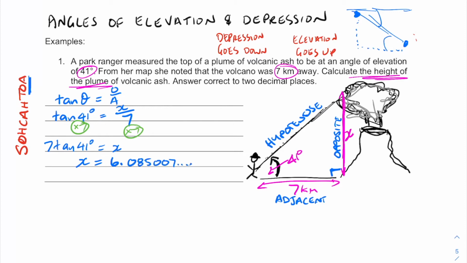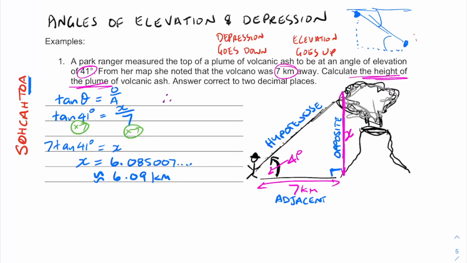I put that into my calculator, and I get x equals 6.085007 and a few more decimal places after that. But I want it to 2 decimal places, so I use my approximately equal to sign and round off, which gives me 6.09 kilometers. As usual, I'm going to use a sentence to finish off since it's a word problem.